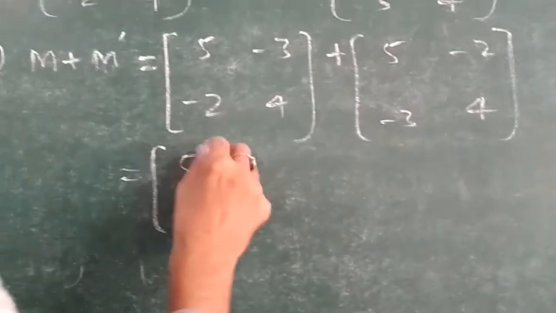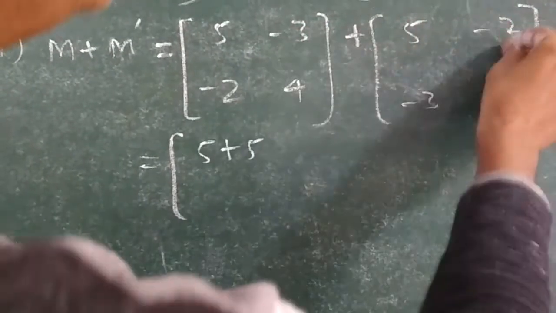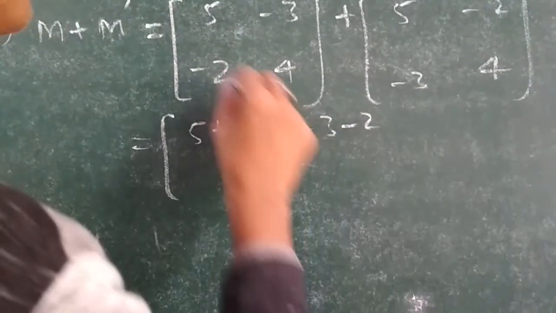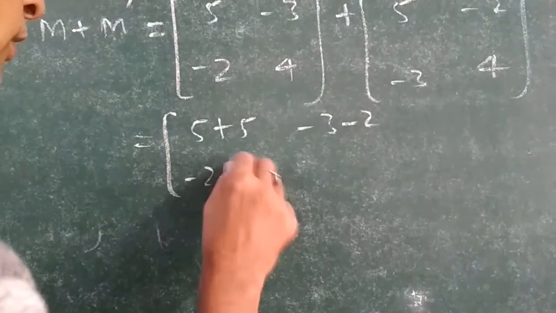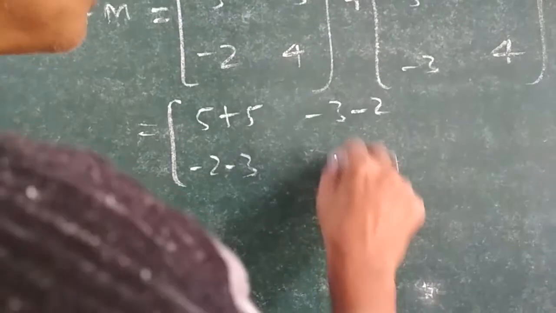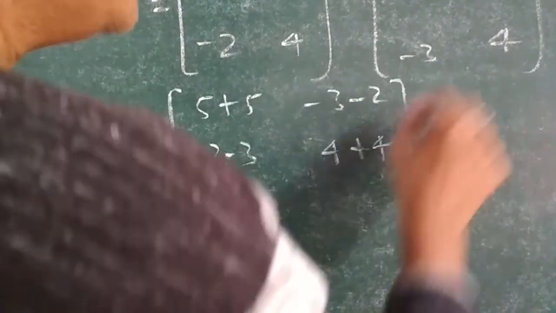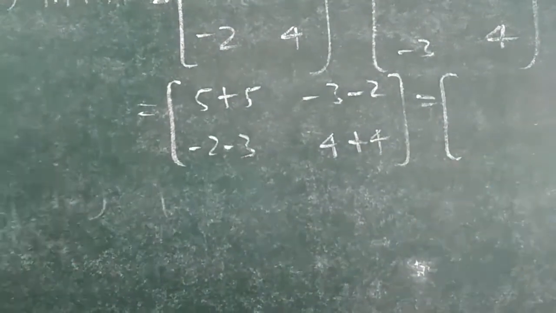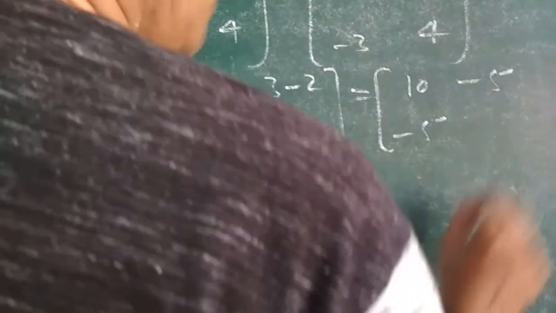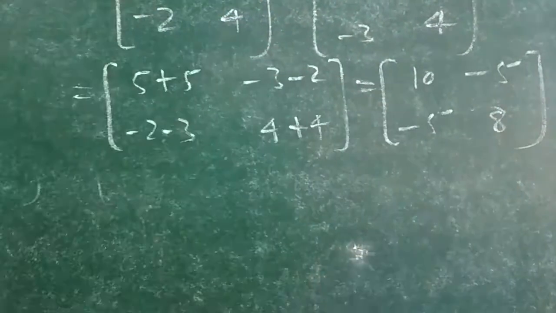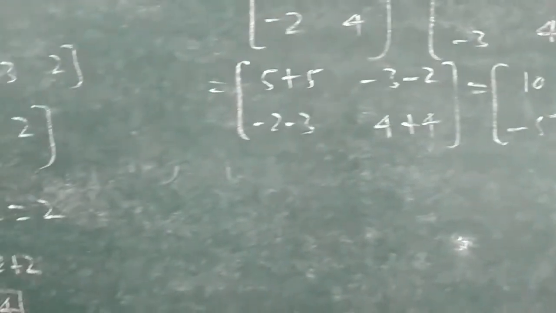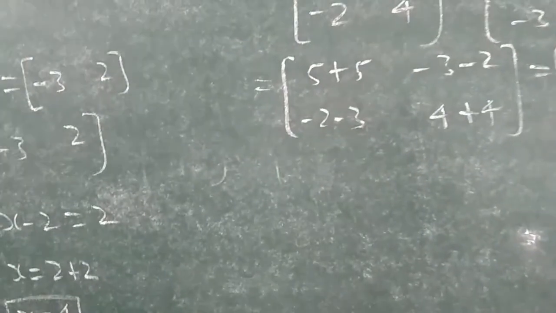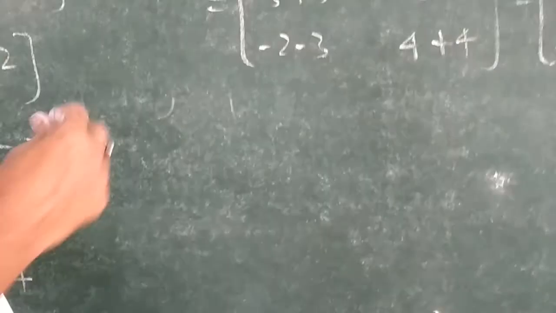Then how can we add them? 5 plus 5, -3 plus -2, -2 plus -3, 4 plus 4. Now on adding we get the final answer. It is [10, -5; -5, 8]. So this is the final answer. So one part I explained to you, other part you do yourself. Now question number 9.